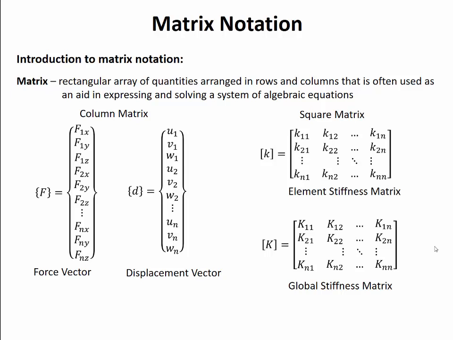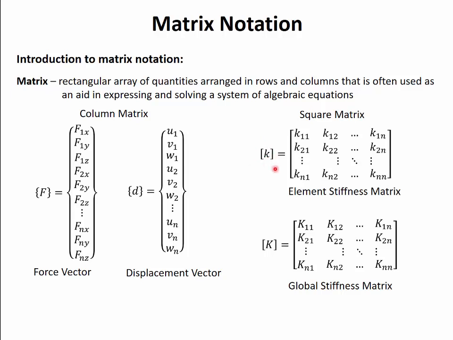You'll notice a couple of things here that I would like to point out. If we use these squiggly brackets, we're talking about a column matrix or a vector. If we use these square brackets, then it's just a rectangular matrix of any size. It could be a column matrix, or a square matrix, or anything.